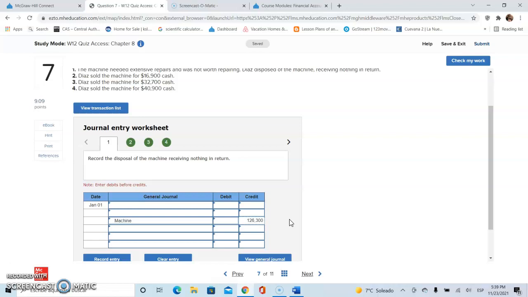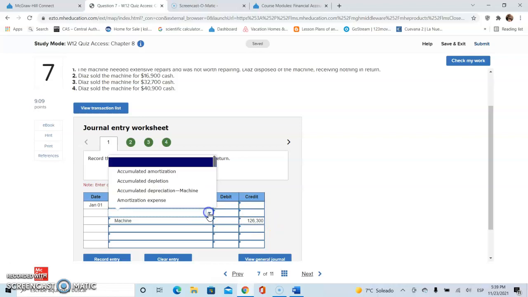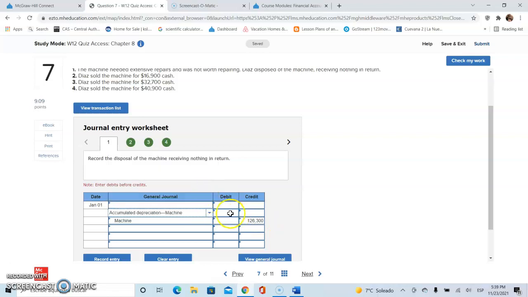And then we're going to debit accumulated depreciation for the amount recorded to date, which is $93,600.